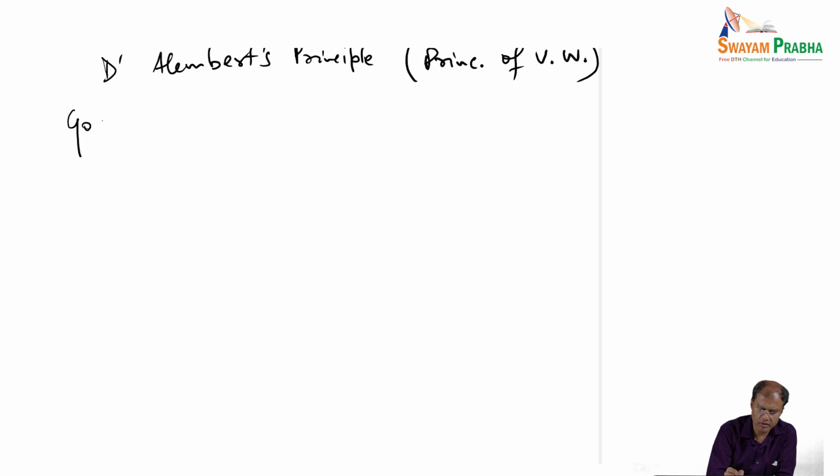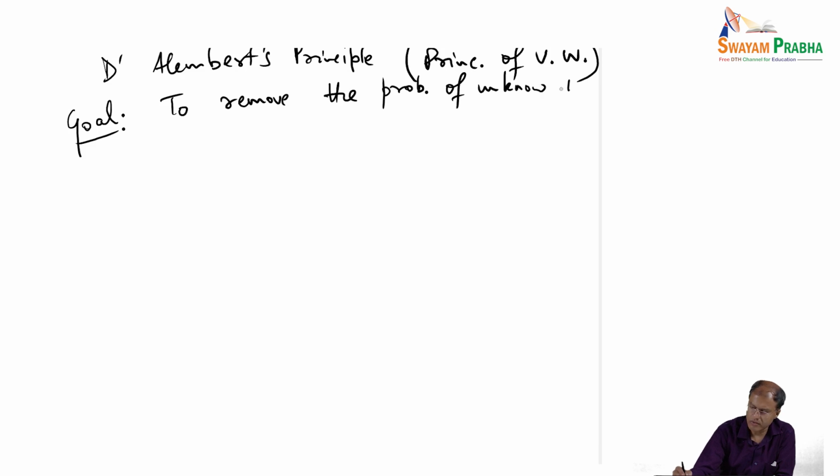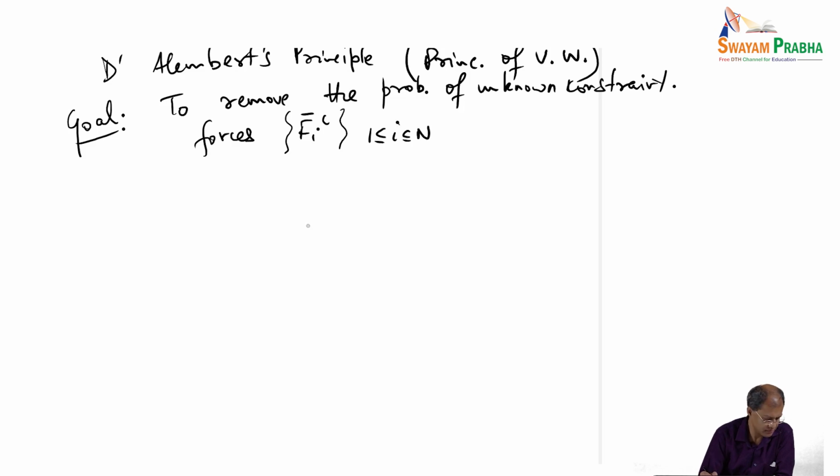So the goal is to remove the problem of unknown constraint forces, Fi of C, where i is between 1 to n, right? This is my constraint forces.